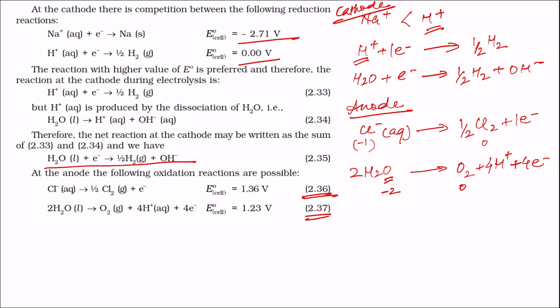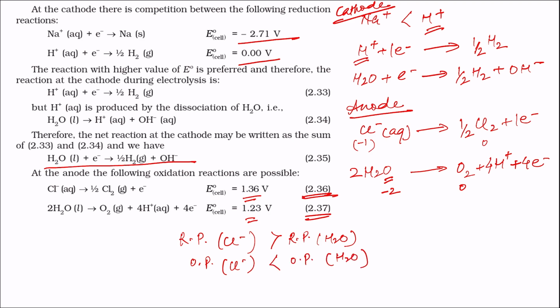Now, the reduction potential value for chloride ion is greater in comparison to water. Or it can be said that the oxidation potential of chloride ion is less than the oxidation potential of water. So which one will get oxidized at the anode?